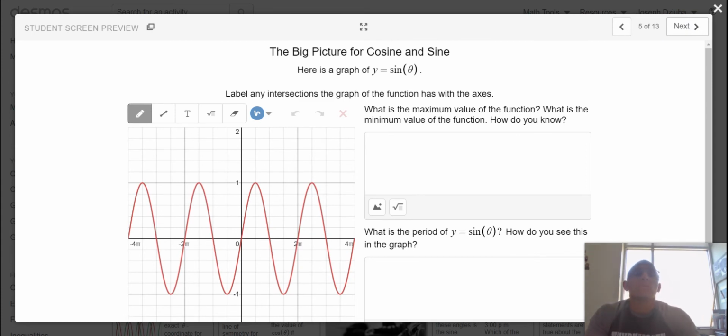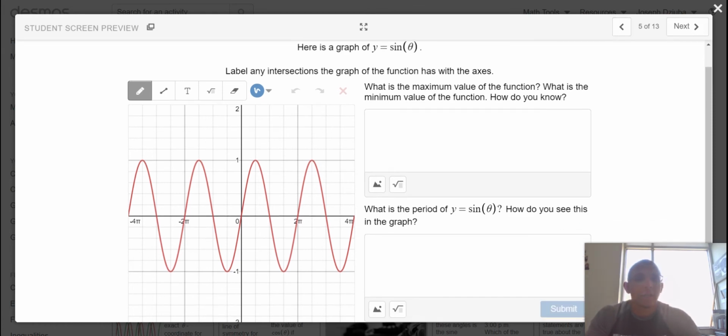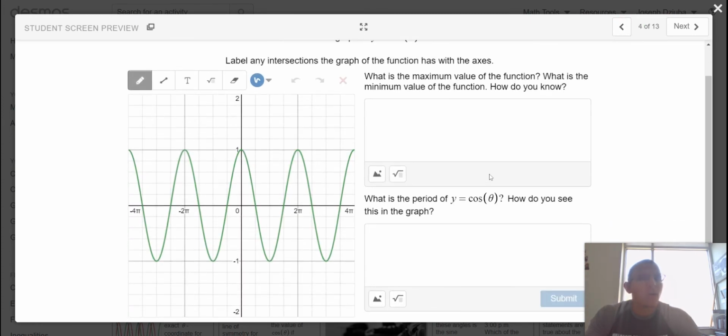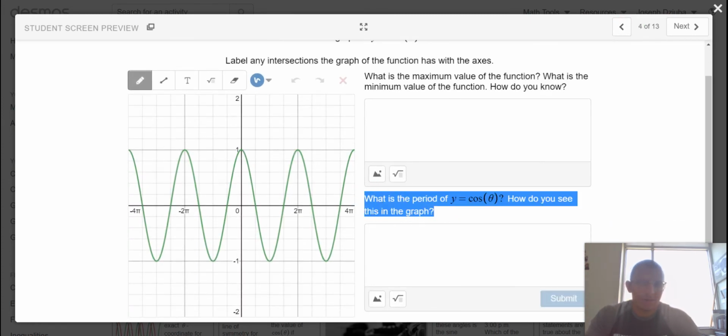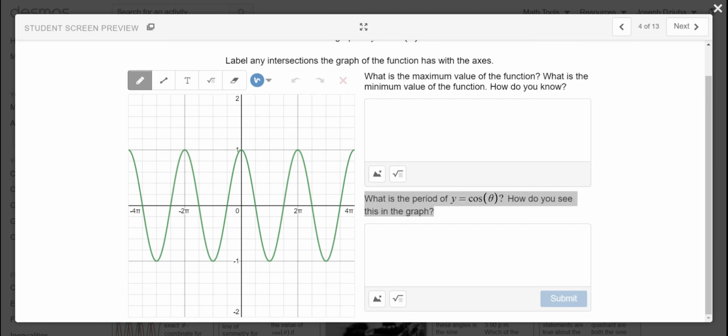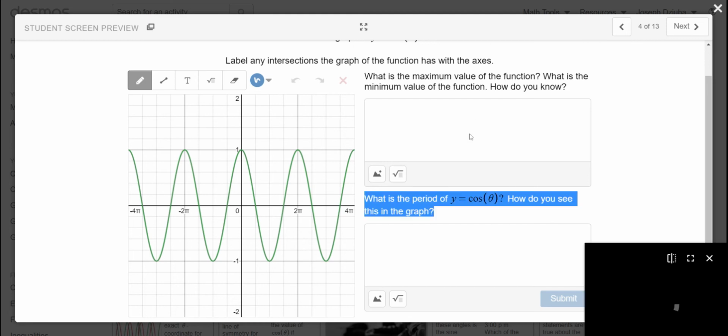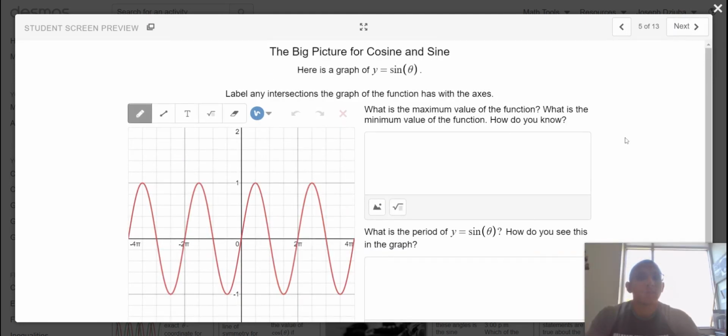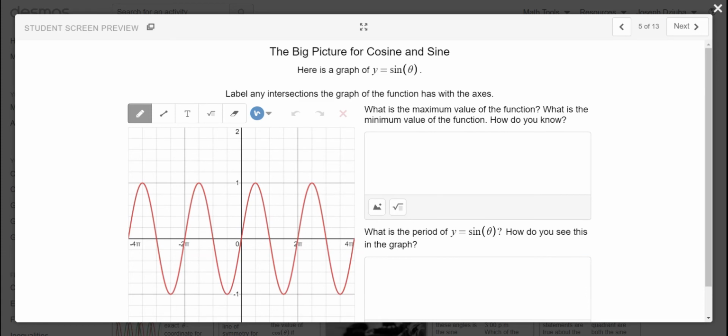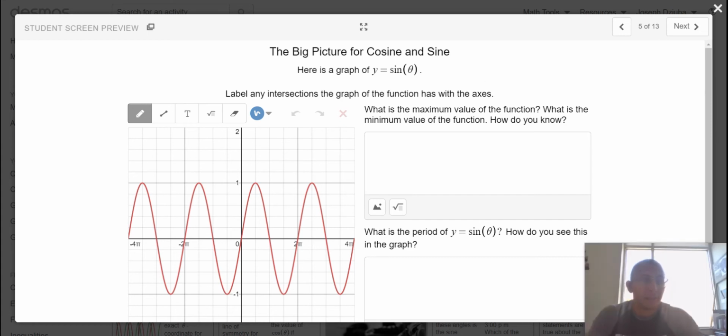Just because we're working with trigonometric functions doesn't mean that the concept or the meaning of those terms is going to change. And then what is the period of y equals cosine of theta, and what is the period of sine of theta? If you've forgotten, the period is the length of the smallest interval that contains exactly one copy of the repeating pattern.